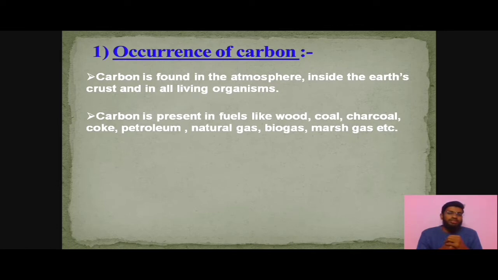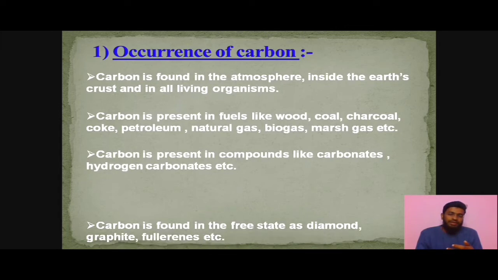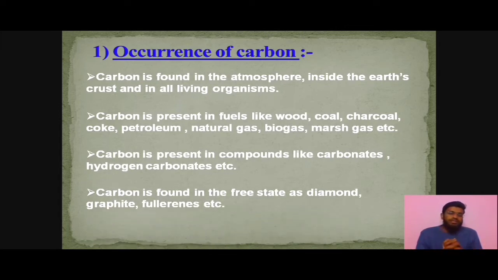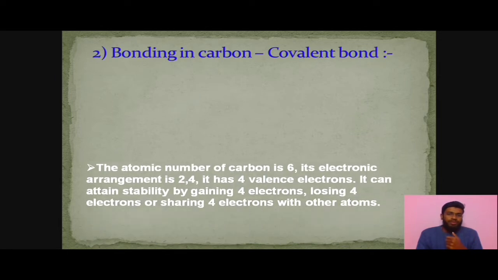Carbon is also found in fuels like wood, coal, charcoal, petroleum, biogas, etc. Carbon is present in compounds like carbonates and bicarbonates, and carbon in the free state is present in diamond, fullerene, or graphite.